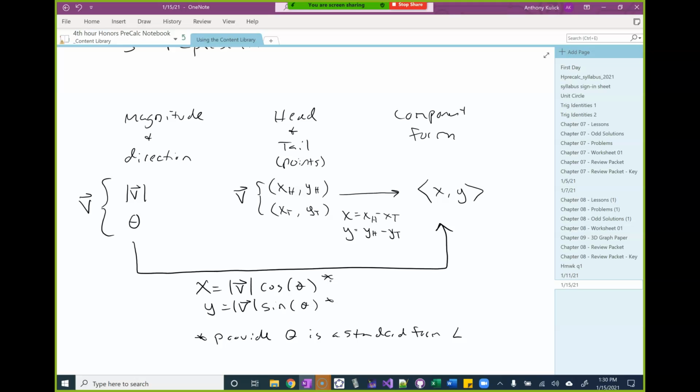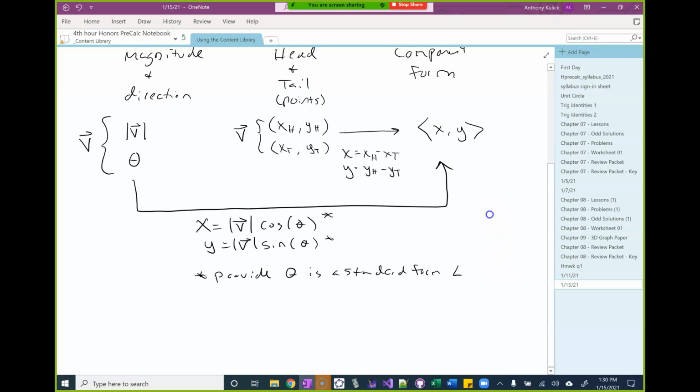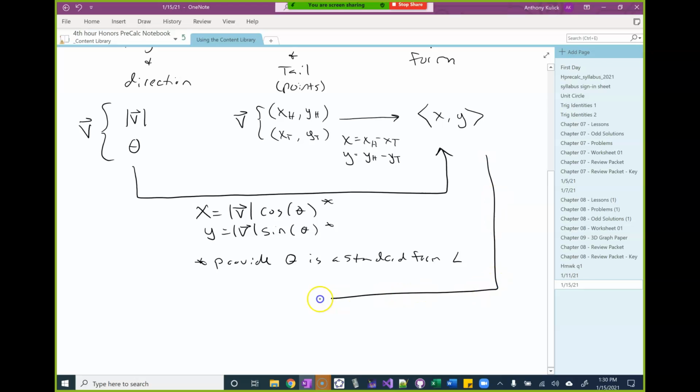Okay. So typically, oh, and then we should talk about how to go back from component form to magnitude and direction. Well, fortunately, that's easy.